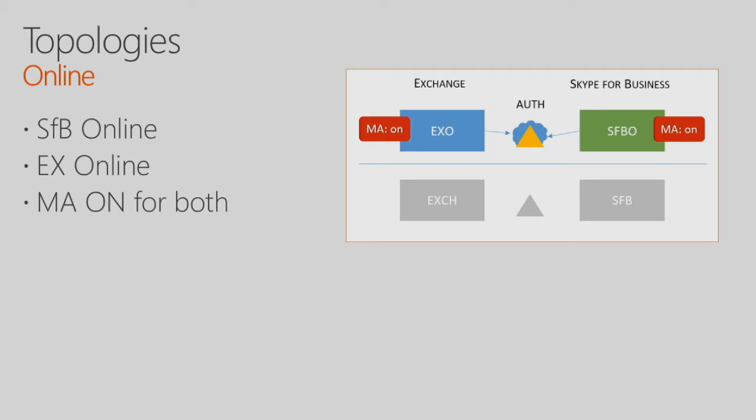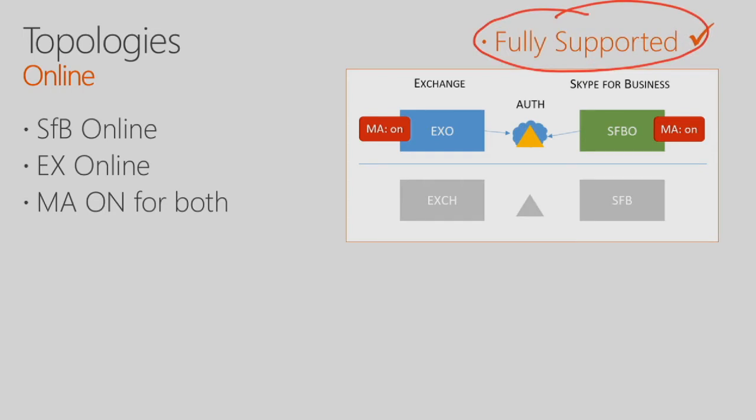So this is available today, and this is a fully supported topology. And by fully supported, what I mean is that matrix that you saw in the previous slide with all the check marks, all those check marks apply to this topology. So if you're in this topology, all those check boxes you can use, okay?